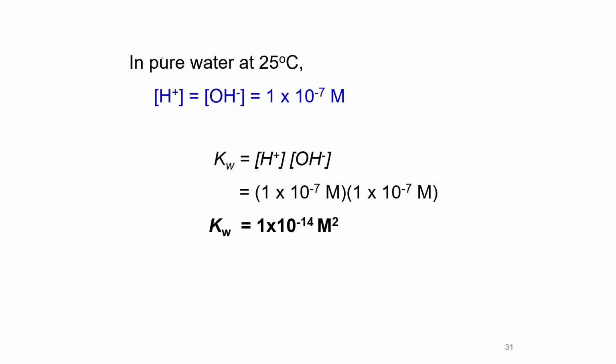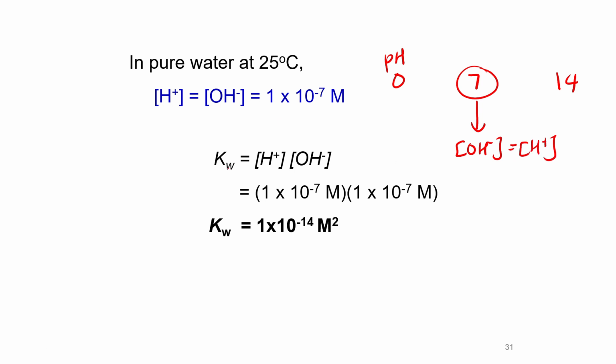For pure water, we have the pH scale of 0, 7 and 14. So pH equal to 7, we say it is neutral. This is because the concentration of H plus is 1 exponent negative 7 and the concentration of OH minus is 1 exponent negative 7. So that's why at pH 7 the concentrations of H plus and OH minus are the same. That's why we say it is a neutral molecule.